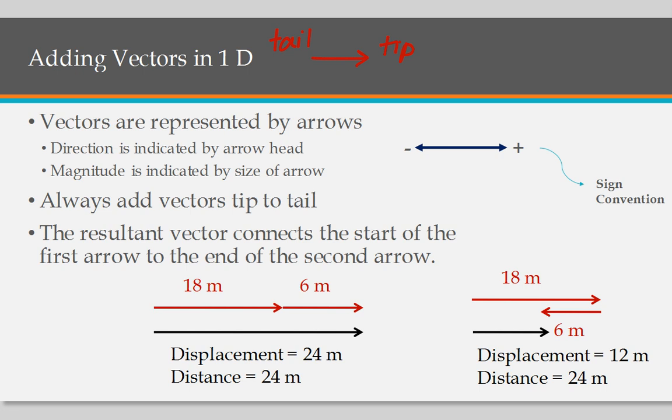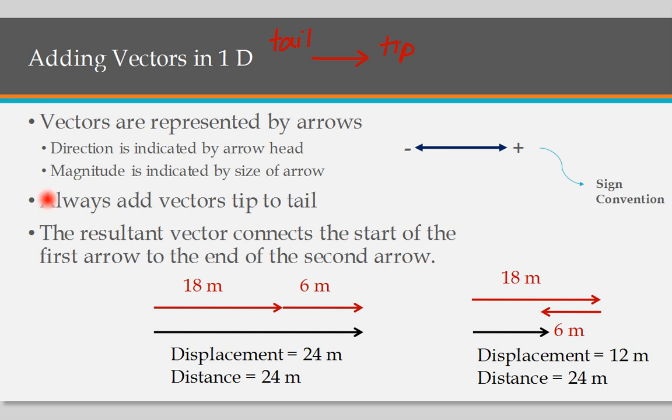So if you look at the vectors down here, look at 18 meters, that vector is about 3 times bigger than this vector. Now, this is not a perfect thing. You don't have to get out your ruler and draw a scale and make sure it's perfect. You'd be here forever, and you'd probably still have mistakes. So what you're going to do with your vector diagrams is just try as best as you can to indicate some idea of magnitude with the size of your arrow.